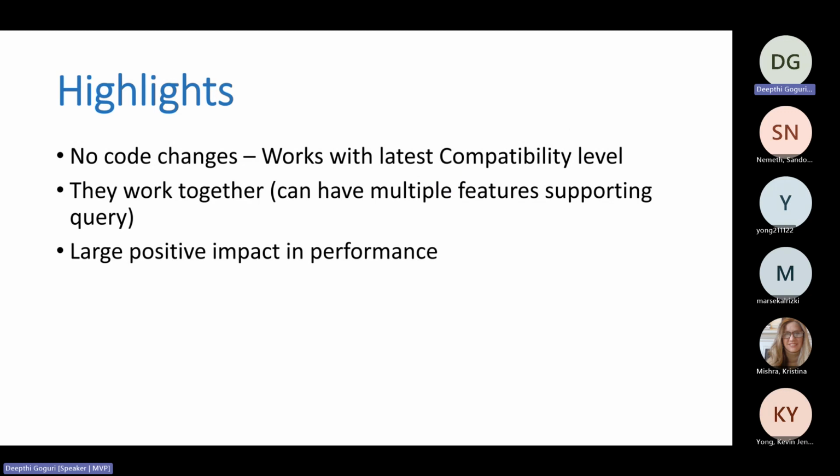All the feedback will be collected, and then the IQP features will take action on the queries. There will be a lot of positive impact on performance once you put the database in the latest compatibility mode, because it will automatically take advantage of these IQP features. And if one IQP feature is working on your query, it doesn't mean the others are asleep. Multiple IQP features can work on your queries together.